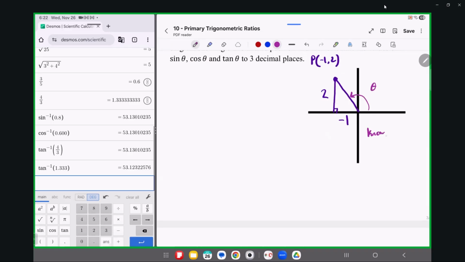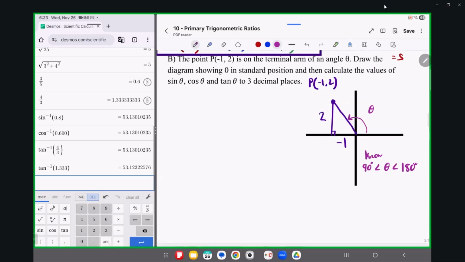So we know theta is greater than 90 degrees, but less than 180. So a good way to describe that would be theta is between 90 and 180 degrees.